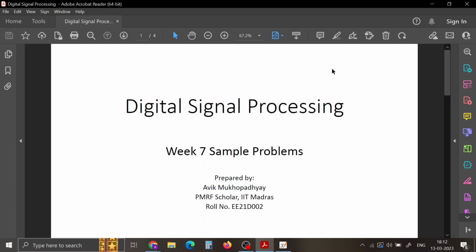Then we saw the response of LTI systems to inputs of the form A cos(omega naught n plus phi), and then we also derived the discrete time Fourier transform for the sine function.